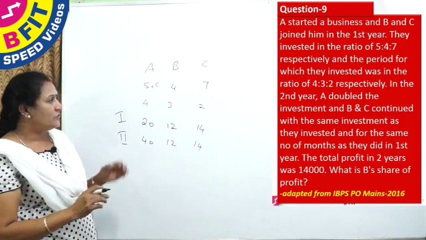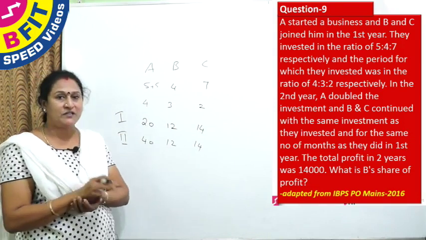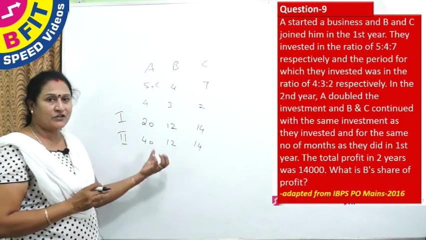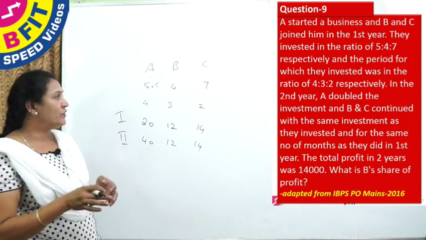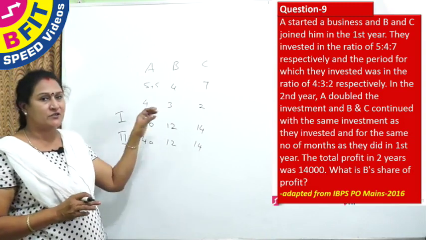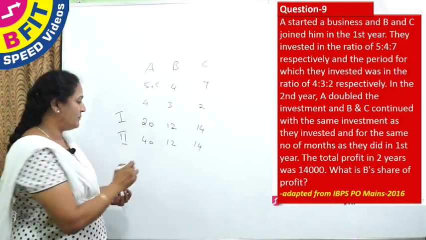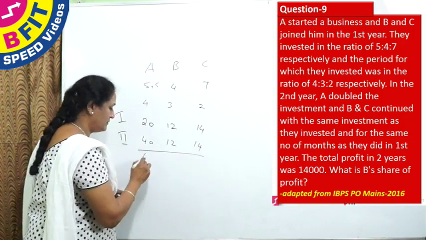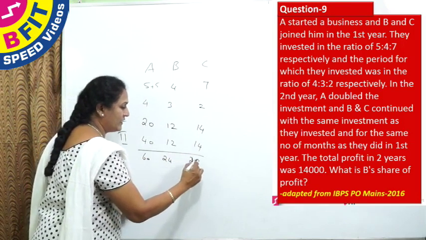So friends, if you are working on ratios or if you can convert the data into ratios, easily you can work it out. So I am going to find another ratio of the shares of A, B and C. So for that I am assuming these ratios itself as values. So first year and second year, 20 plus 40 it is 60. For B it is 24 and for C it is 28.